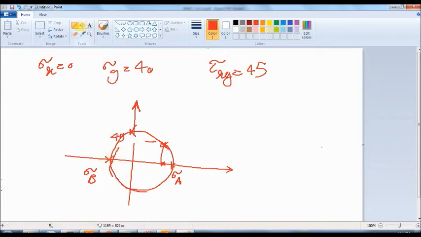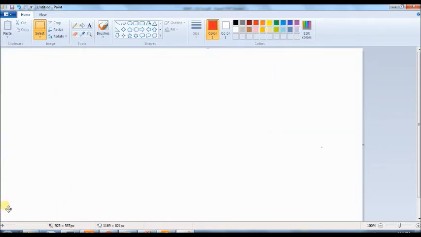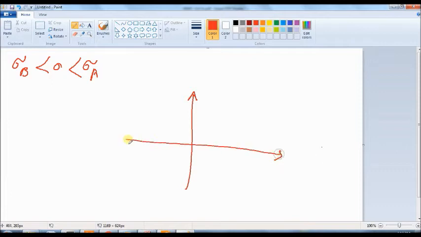This is the second case. So let me explain how much the maximum shear stress is in this case. Let's say sigma B is negative and sigma A is positive. If I draw this Mohr's circle, sigma A positive, sigma B negative, I draw this circle.